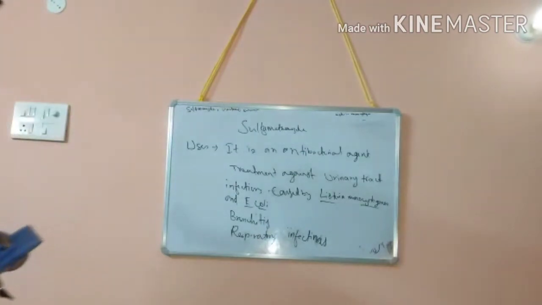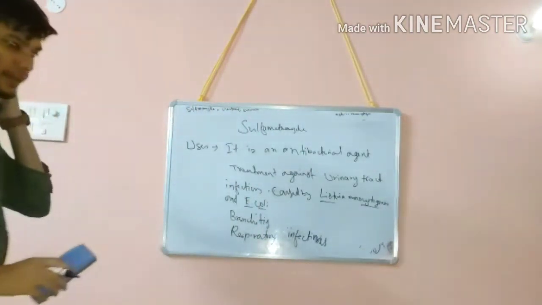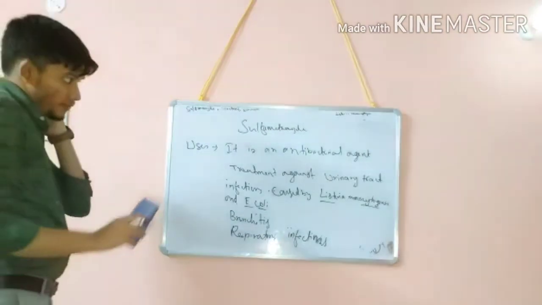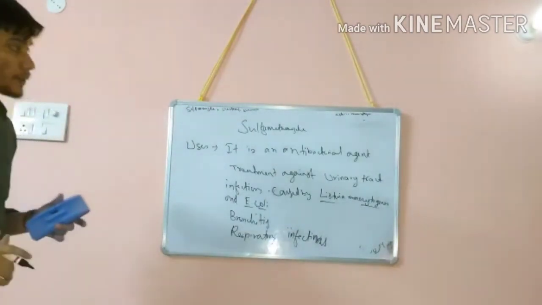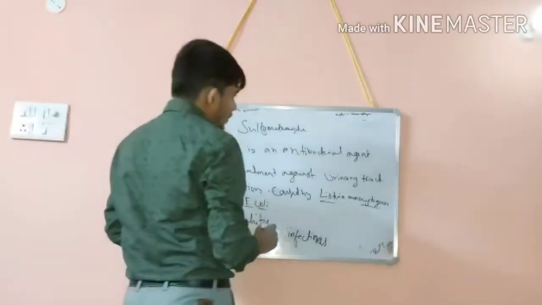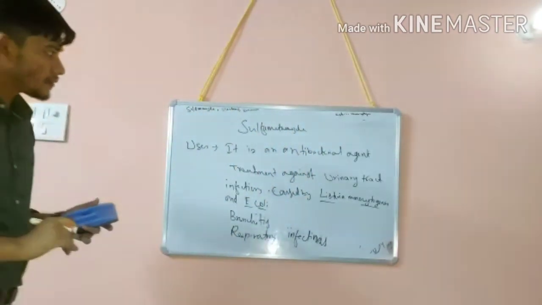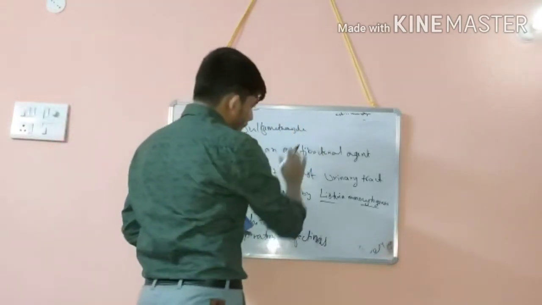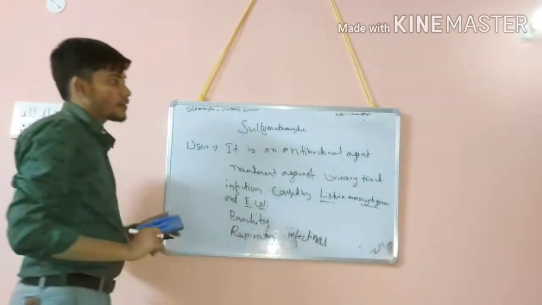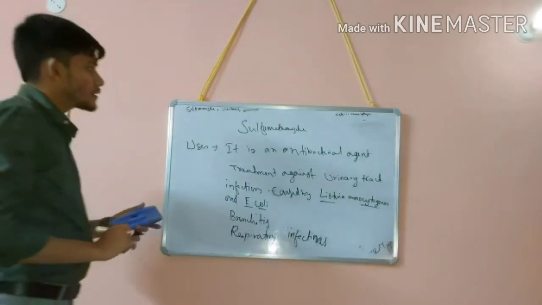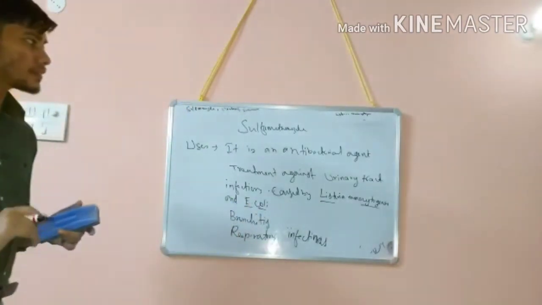So for this purpose, this sulfamethoxazole is mainly used. In the next class we will study sulfamethoxazole along with trimethoprim, that is called co-trimoxazole. Next class I will discuss that. Sulfamethoxazole 5 parts and 1 part of trimethoprim is called co-trimoxazole.